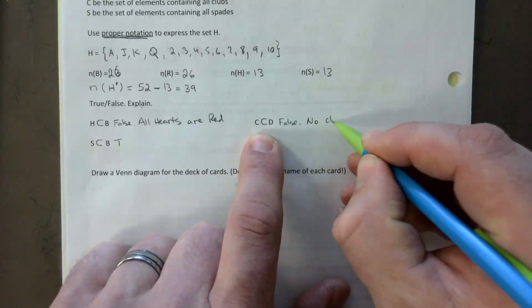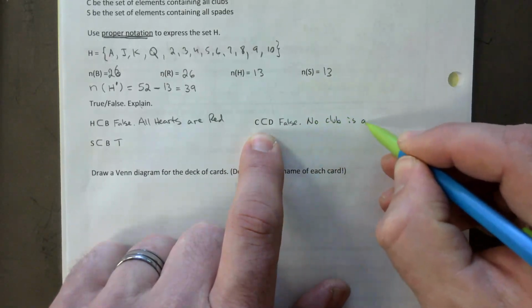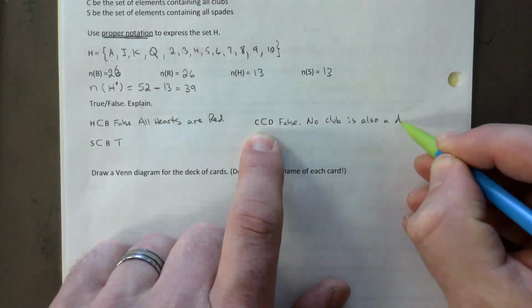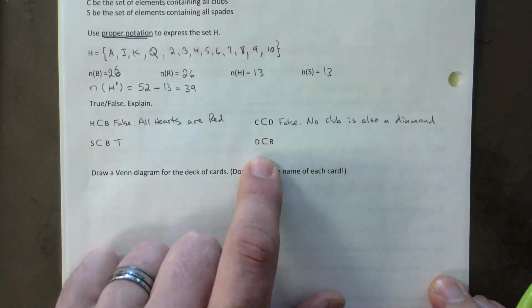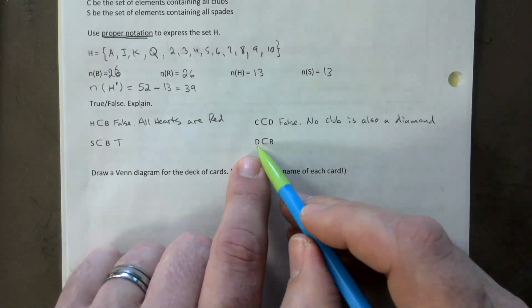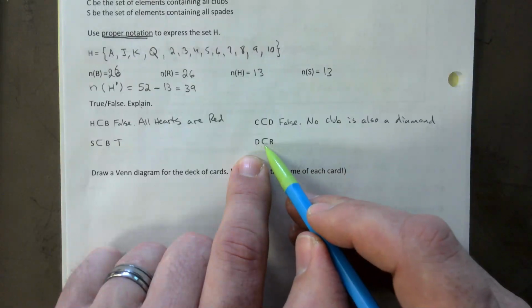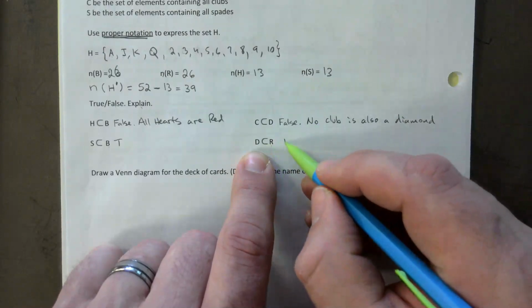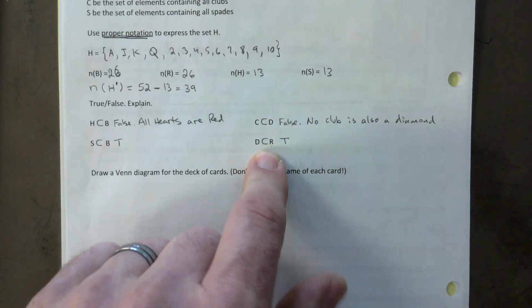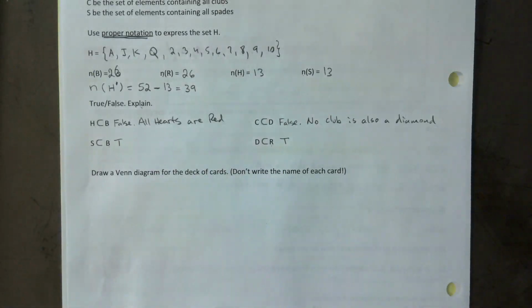No club is also a diamond. Okay, there's just no way that can be true. Would the diamonds be a subset of the red cards? True. That's true. Okay, so sometimes they will ask you for something like that.